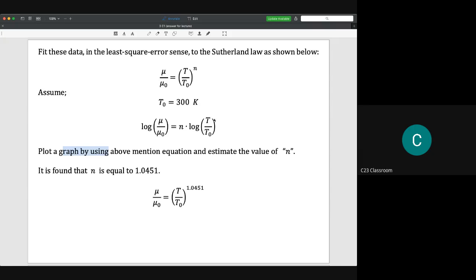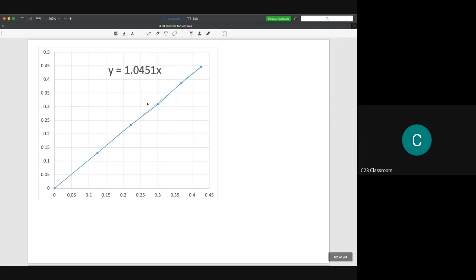So how do we estimate the value of n here? This is the basic correlation. We substitute all the values, and then we could do this by log graph, and the n here will become the gradient. So the estimation here is actually by plotting a graph, for example like this. If we plot all the graph, it is quite a straight line.